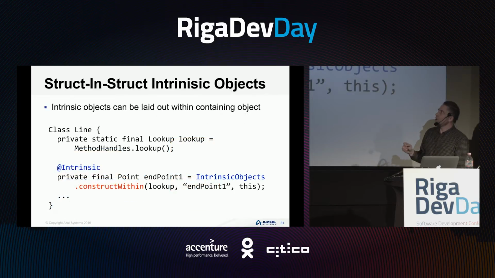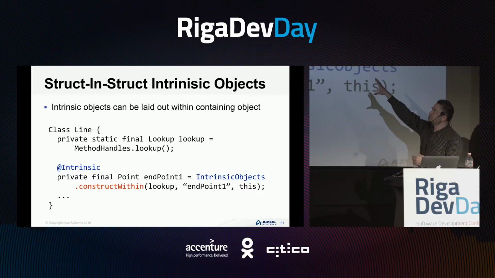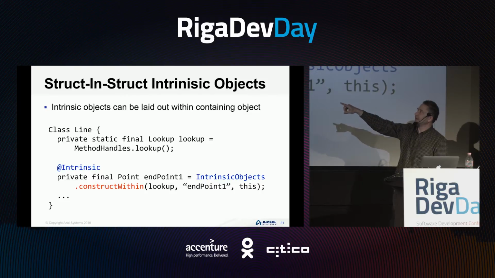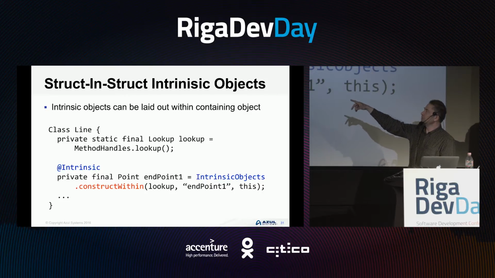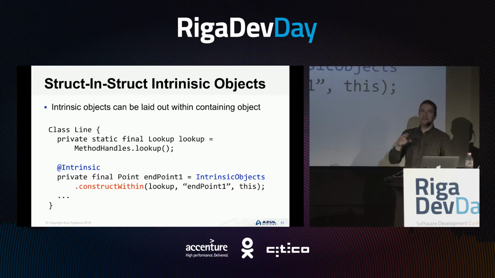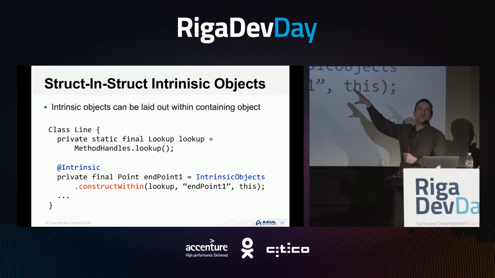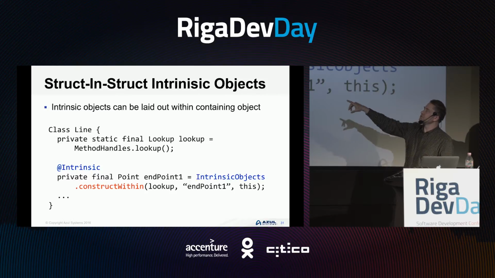If I want to make that work with the new object layout code, I need to do something like this. I can define my class Line, and I can say that this is going to have within it endpoint 1, and so I make that a final Point. But now I need to tell the compiler that this is going to be intrinsic to this object. To do that, I first need to get a reference to a method handle.